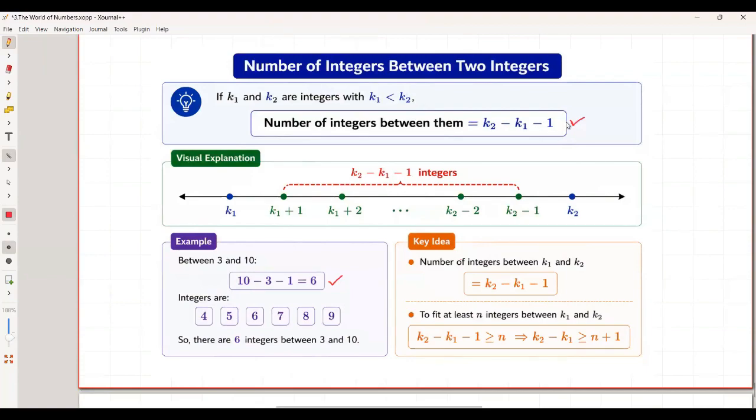This is like a formula, a rule. For example, if this is K1 and this is K2, with K2 greater than K1, how many numbers are in between? We have 4, 5, 6, 7, 8, 9. So there are 6 integers. Applying the rule K2 minus K1 minus 1, we get 6. So 6 numbers will be in between.